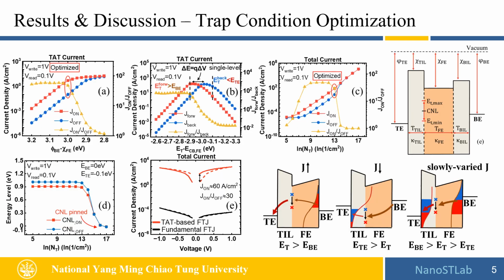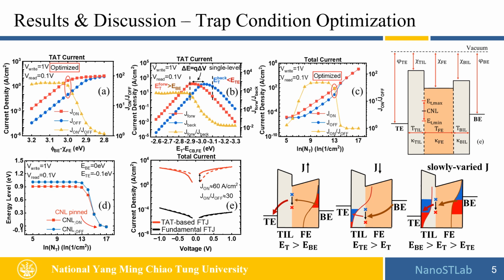This is the results and discussion, and we first investigate the trap condition optimization. In figures A and C here, you can see that there exists an optimal trap condition that makes the current density and the on/off ratio very large.